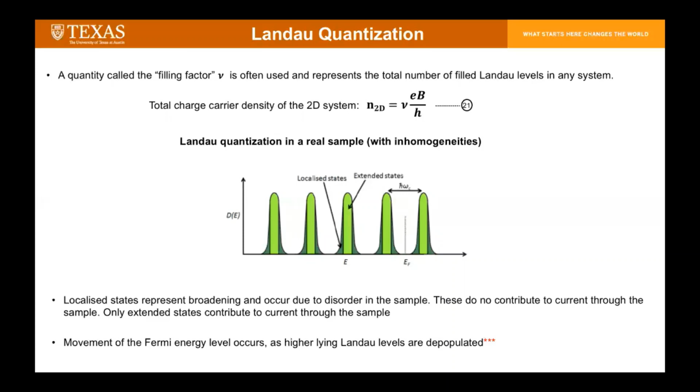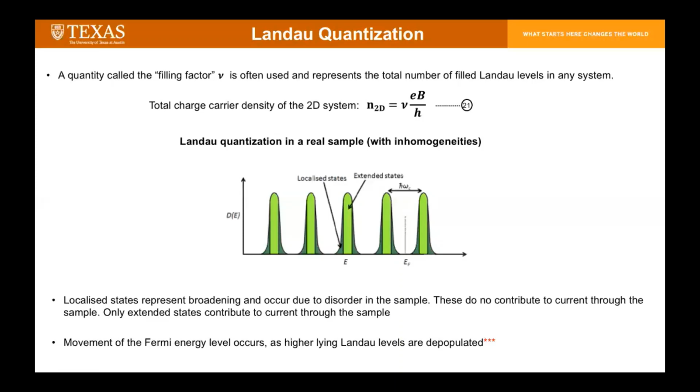When you have more disorder, you have more of these tails, but when the Fermi level moves through these tails, the number of Landau levels filled still stays an integer. It doesn't change the integer quantity of the filled Landau levels. So at the time when the Fermi level is traversing these localized states, you still have an integer number of filled Landau levels.